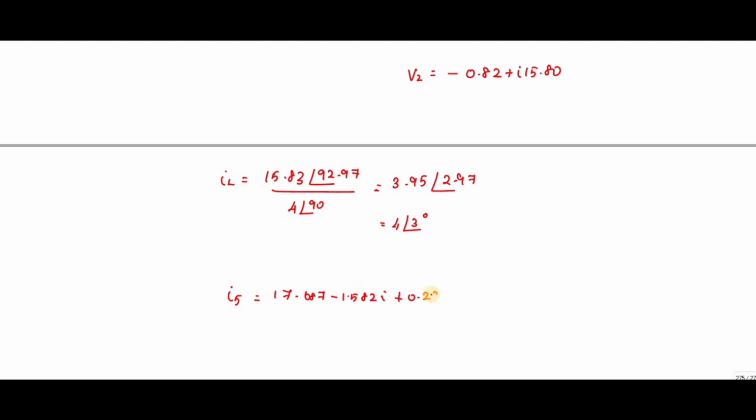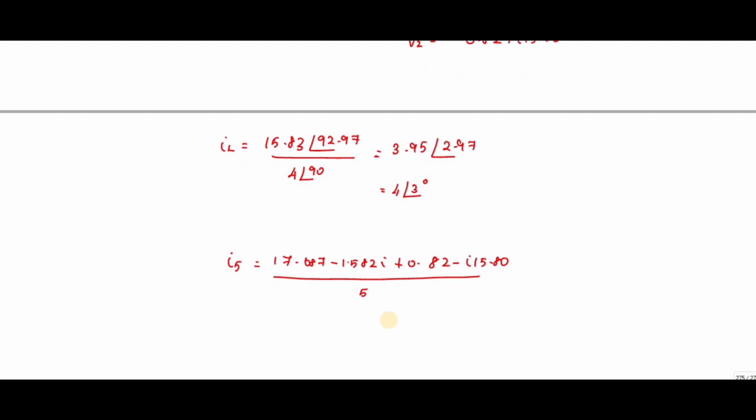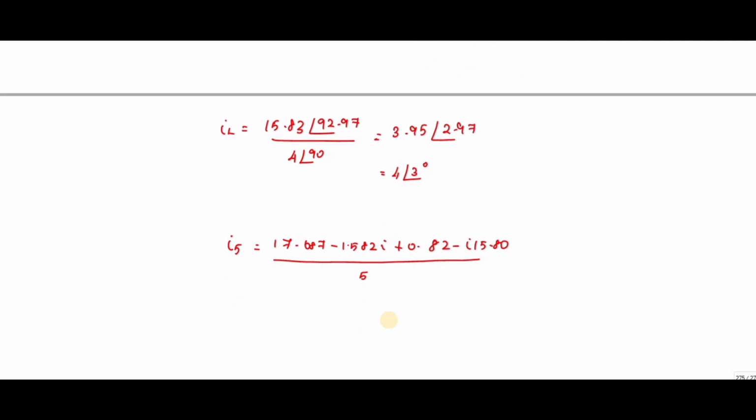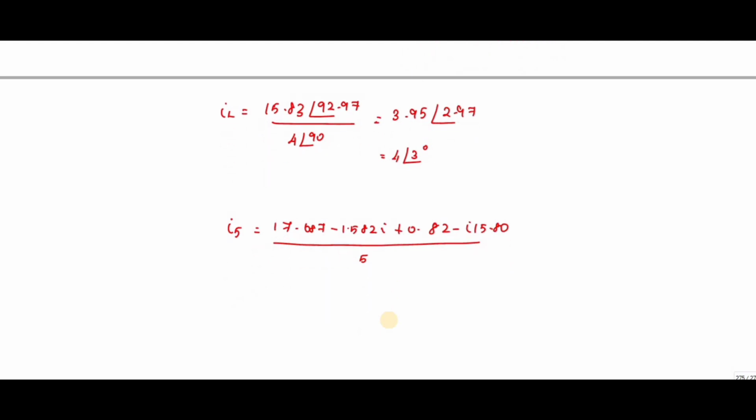V2 is minus 0.82 plus 15.80, divided by 5. Okay. So this is nothing but I2. If we solve, we get 17.9.